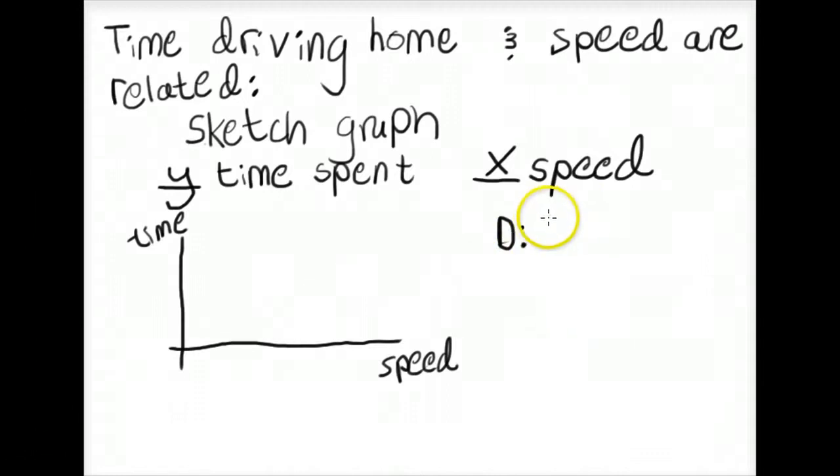So we can say that the domain is such that x has to be greater than or equal to 0. In the range, we know that we're not going to be dealing with any negative time because you're not going to be getting home before you start. So the range can also be such that y is greater than or equal to 0.